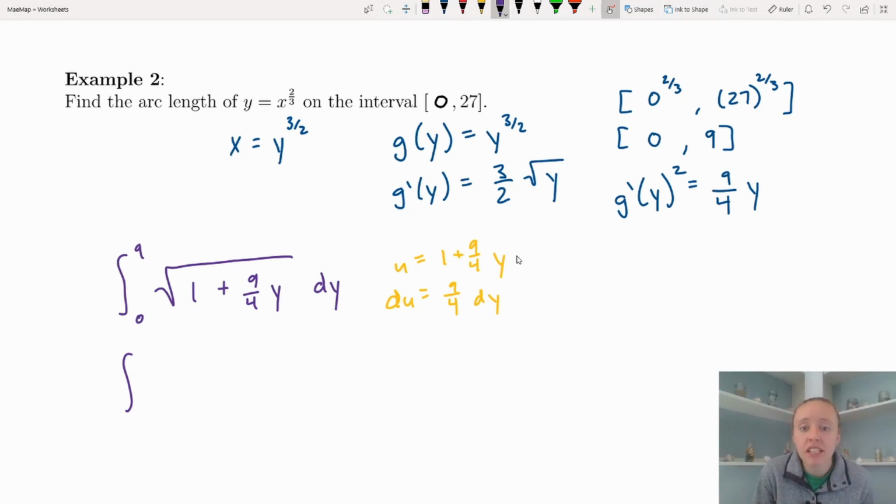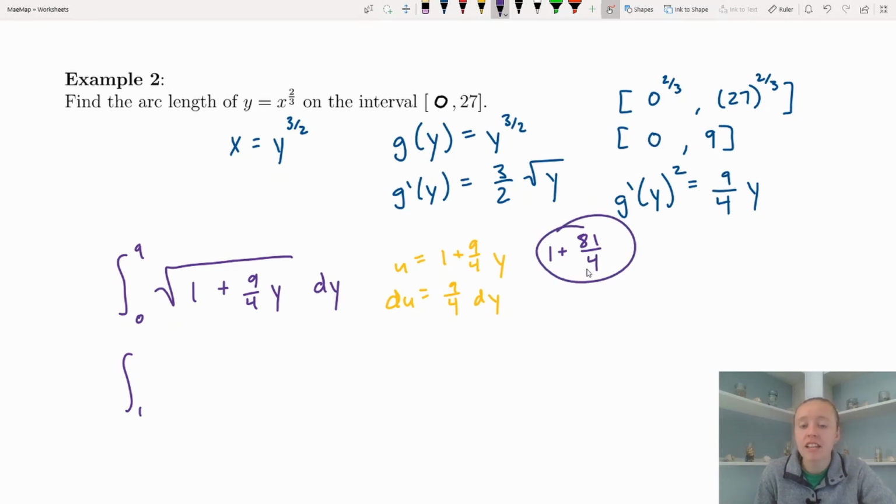If I plug in 0 for y, what is my u value? My u value would be 1, because 1 plus 9/4 times 0 is 1. And if I plugged in 9 for y, well, I'm going to have 1 plus 9/4 times 9, which would be 1 plus 81/4.